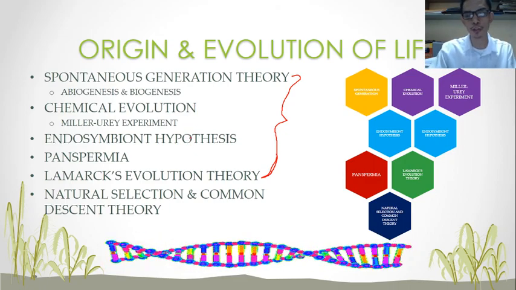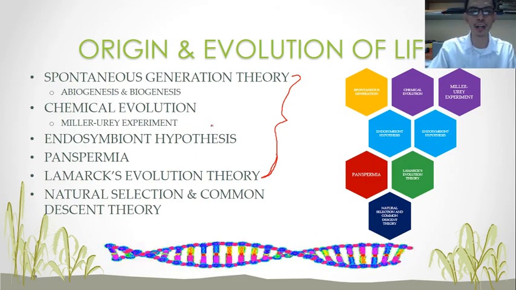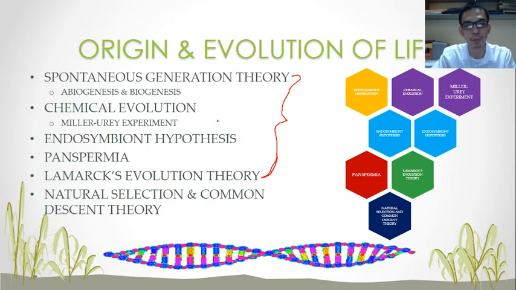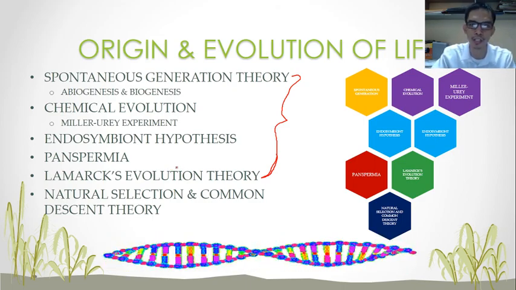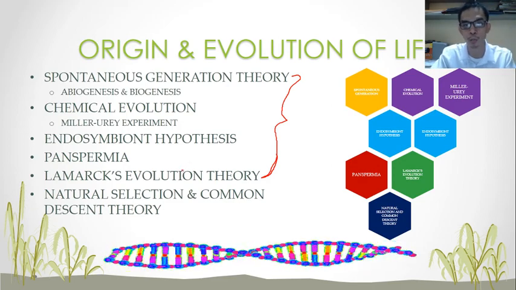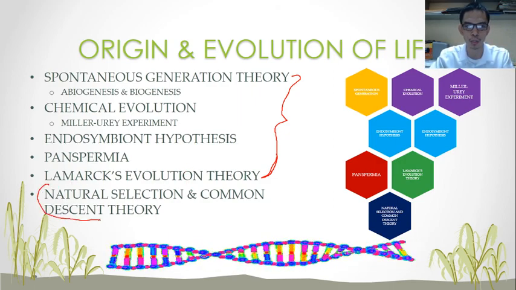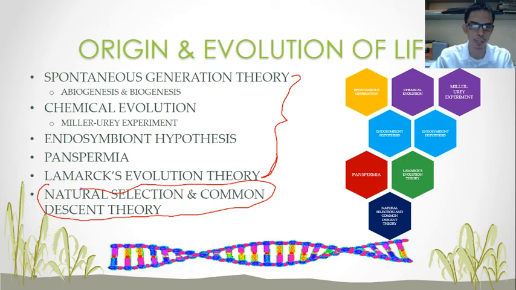Although some theories have loopholes, still, theories or ideas become a theory if you support them with more and more evidence. Some theories here did not survive over the course of time because they lack evidence to support them. So the last one, we will try to find out what this natural selection and common descent theory is all about.